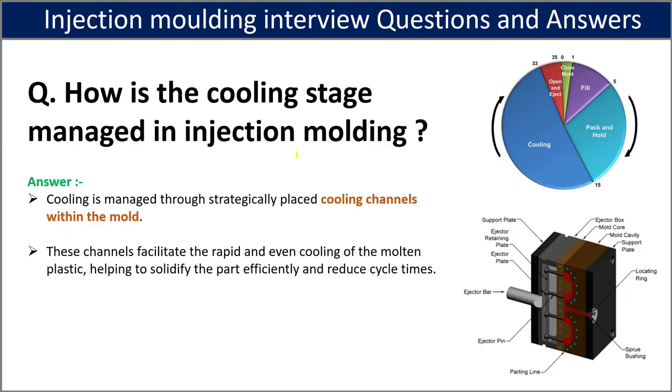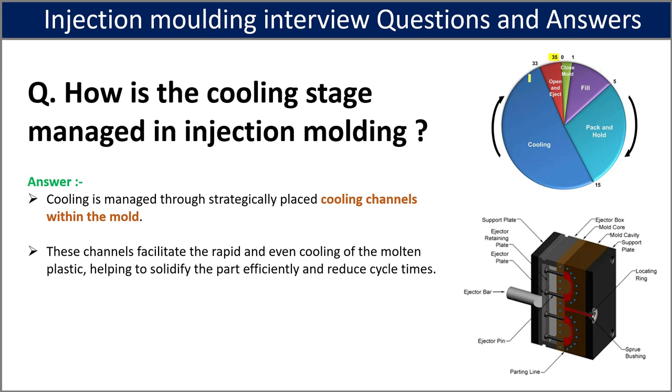The next question is, how is the cooling stage managed in injection molding? The cooling stage is a very important stage in the injection molding process. Here in the graph, you can see this shows 35 seconds of cycle time for injection molding.